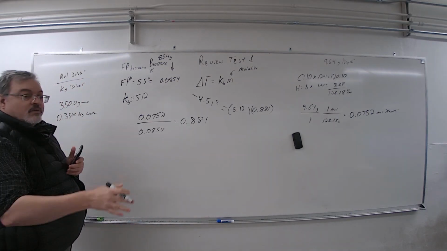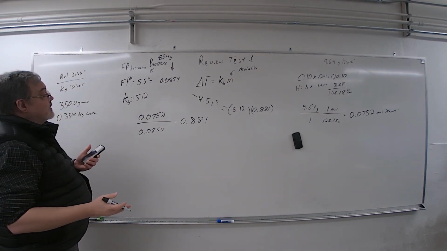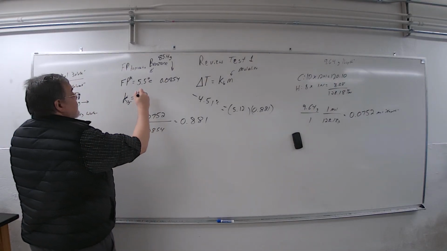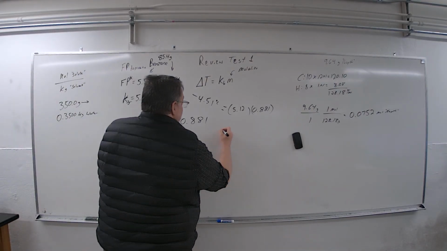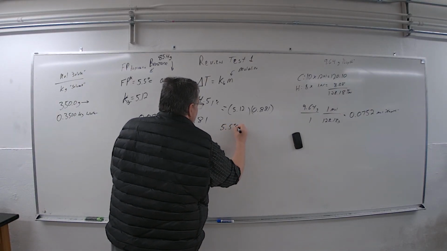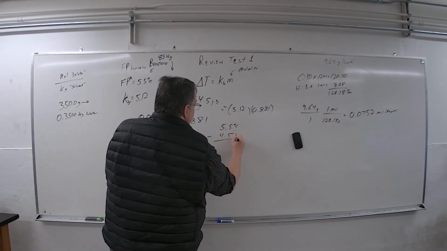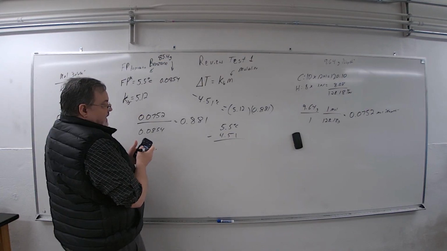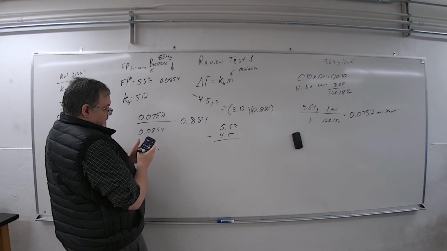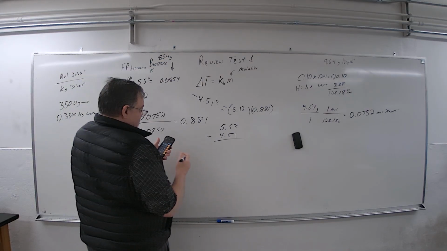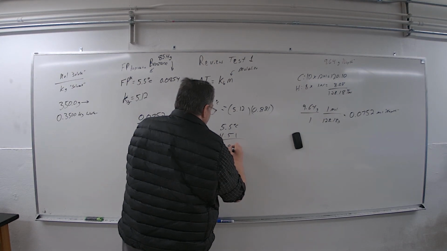The negative isn't shown anywhere, you just have to know it's freezing point depression. So if the regular freezing point is 5.5 degrees C, we subtract 4.51, and we're going to have 0.9 degrees C.